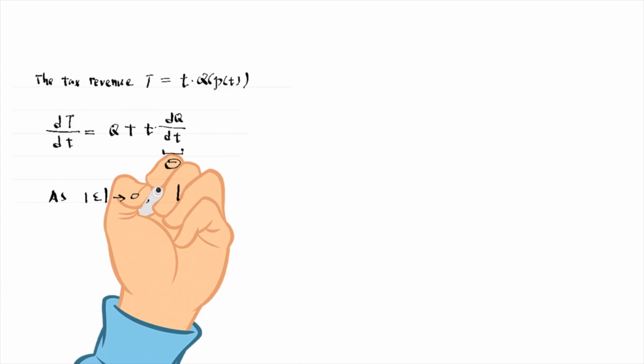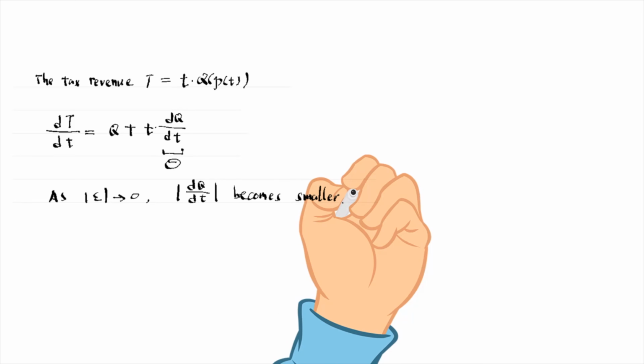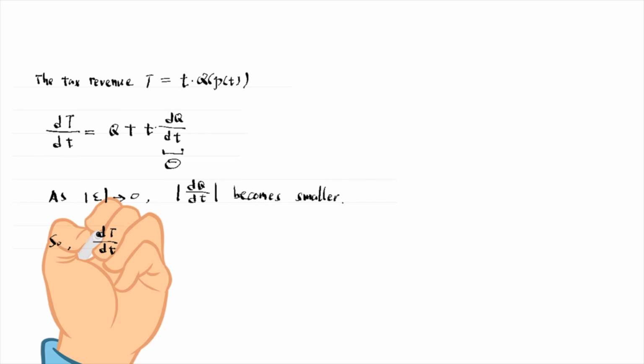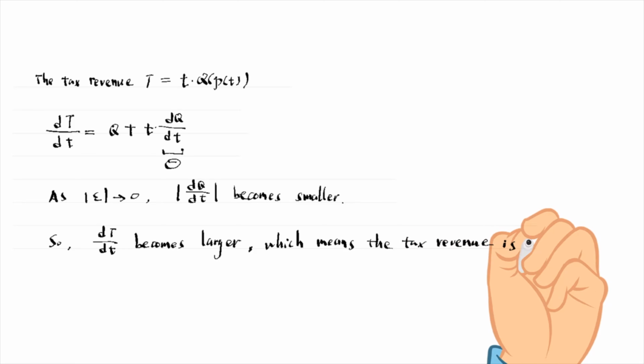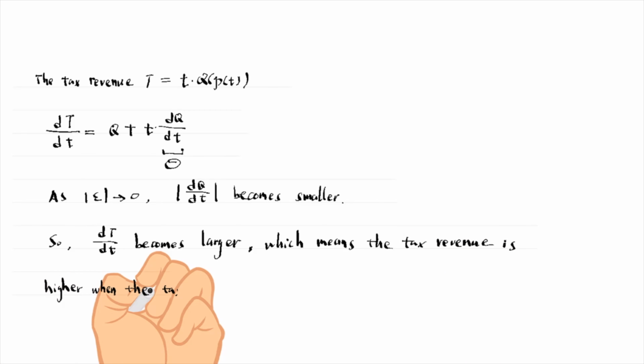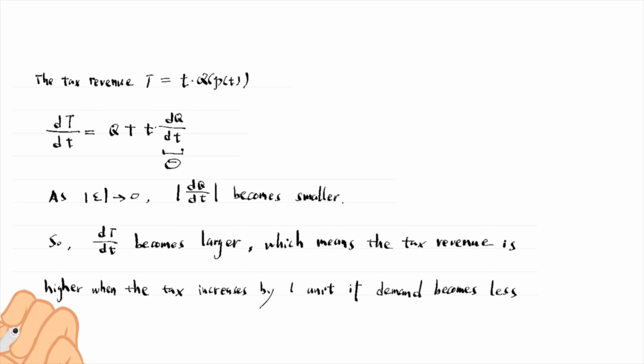From part 1, we know that if the demand becomes less elastic, that is, if the absolute value of epsilon goes to 0, the reduction of quantity in response to the tax becomes smaller. So, the derivative of tax revenue with respect to the tax becomes larger, which means the tax revenue is higher when the tax increases by 1 unit if demand becomes less elastic.